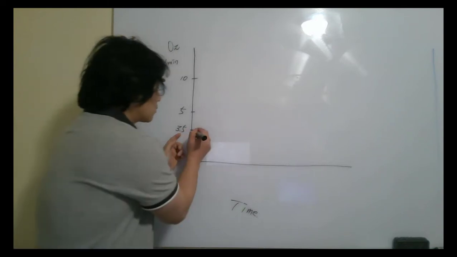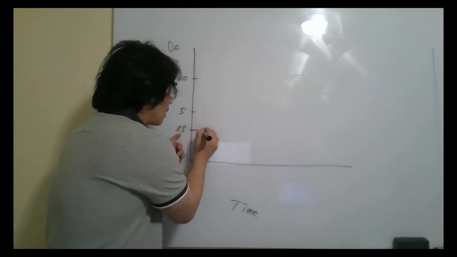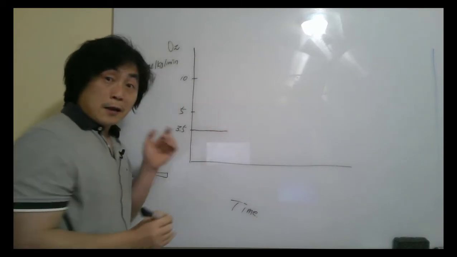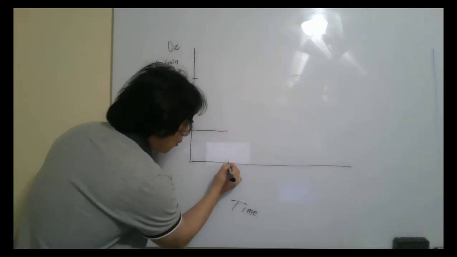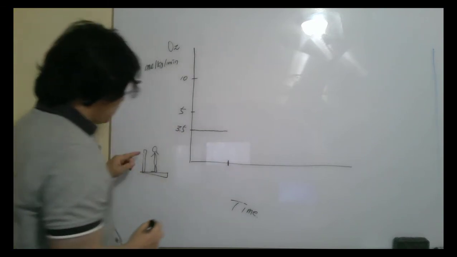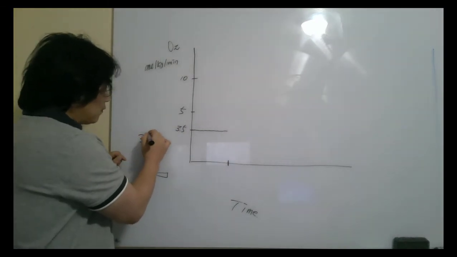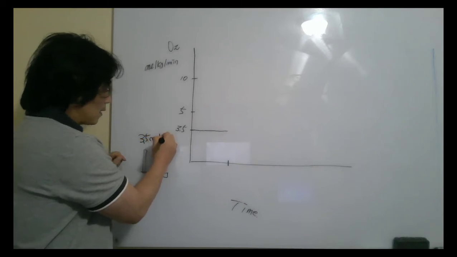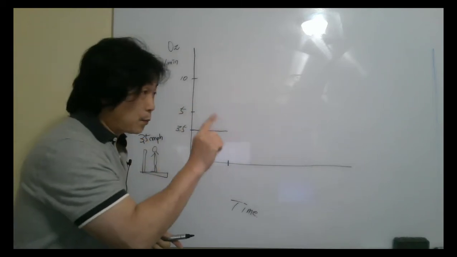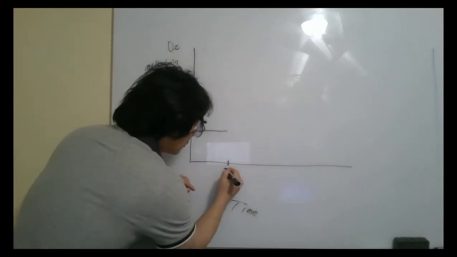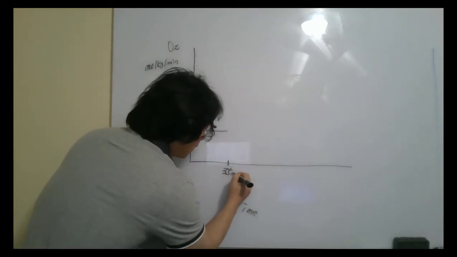But at some point on the treadmill, I just put in 3.5 miles per hour and enter.